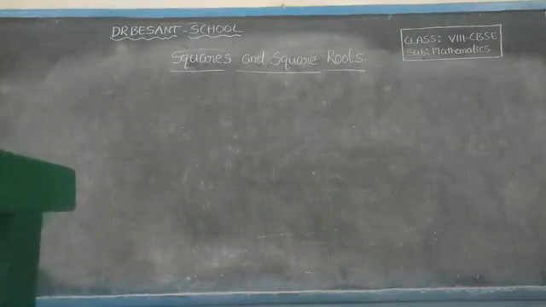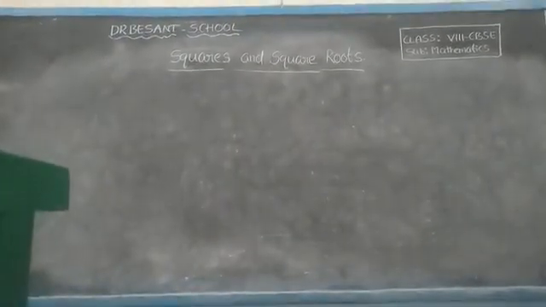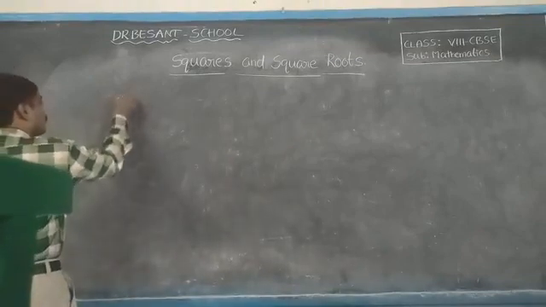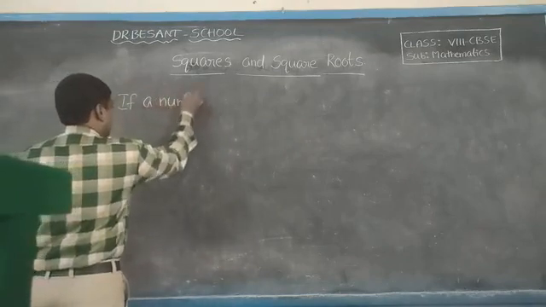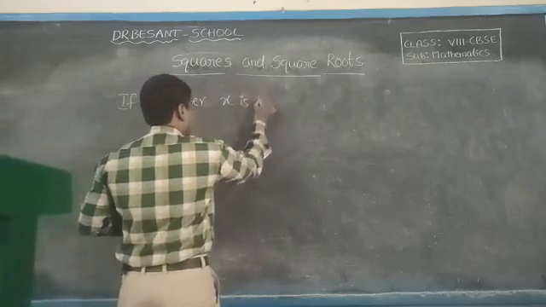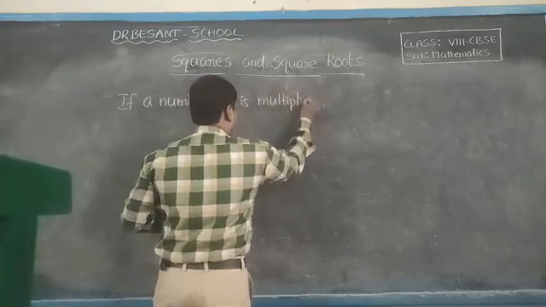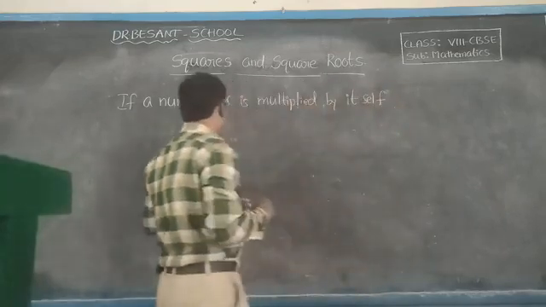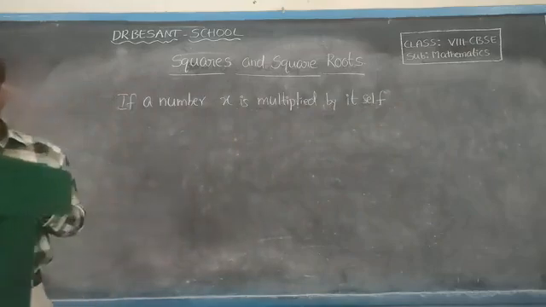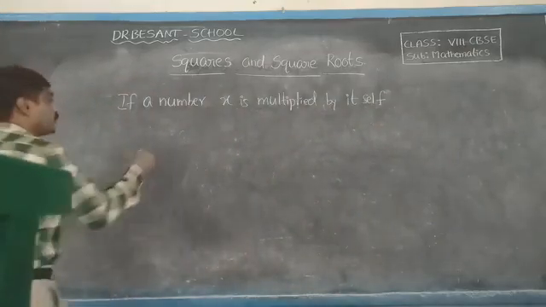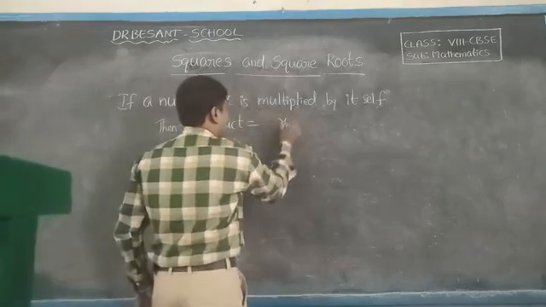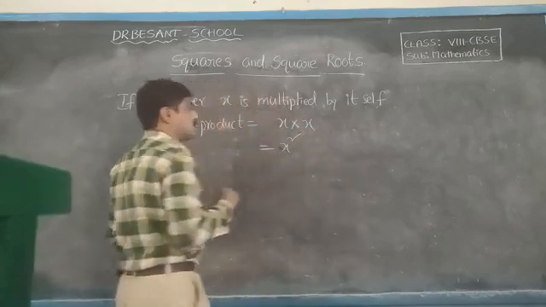If a number x is multiplied by itself, then the product is equal to x into x, that is equal to x square.